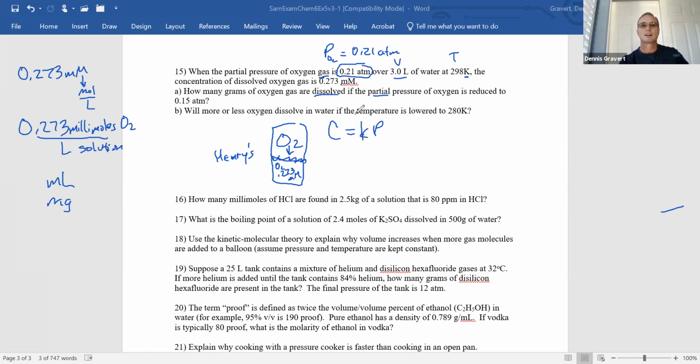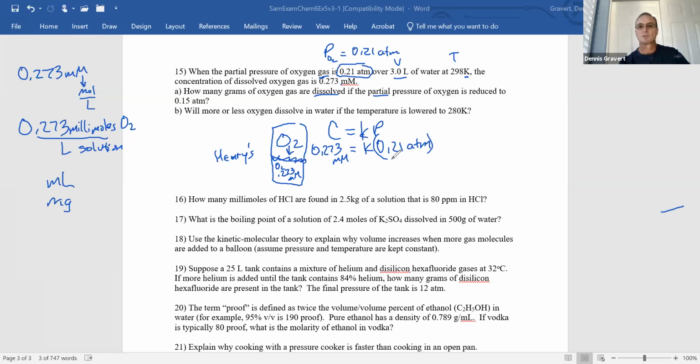So here's the idea. Go back to the statement, number 15. Question number 15 says the pressure P is 0.21 atmospheres times K equals C, which is 0.273 millimolar.